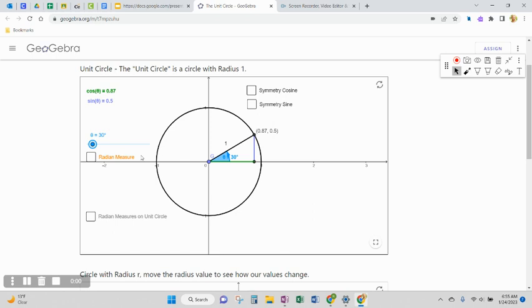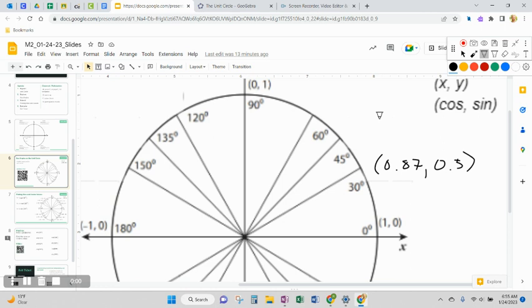Then we can go to the next angle on our unit circle, which was 45, and make sure we're accurate here, and see that our cosine, comma sine values are 0.71 and 0.71. So go in here and mark that on our unit circles on the back of our sheet. And we can continue doing this until we have all 12 of those key angles filled out.